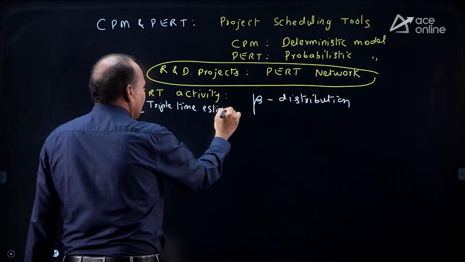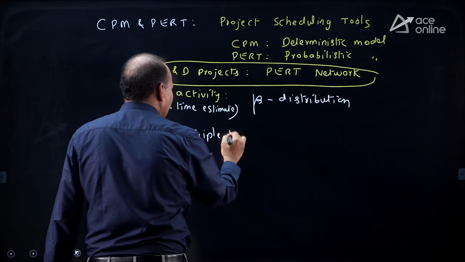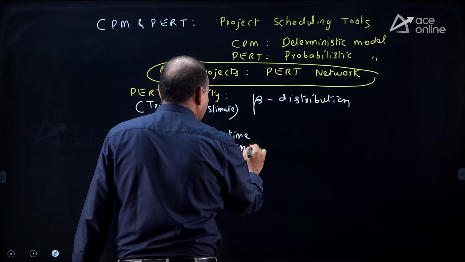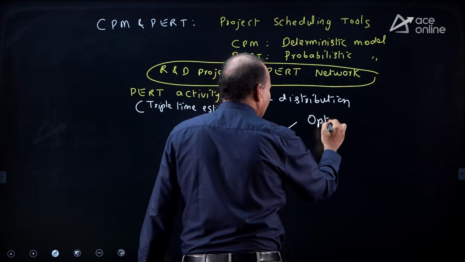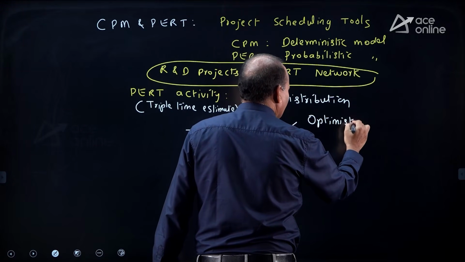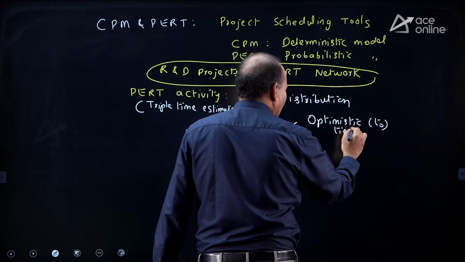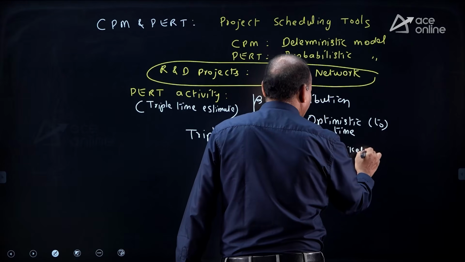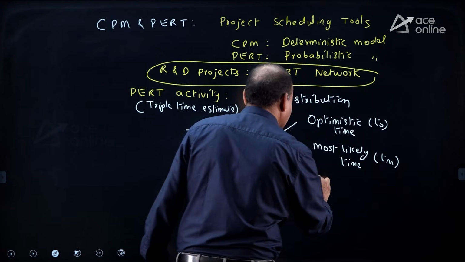So what are the 3 times for each and every activity? If you take the triple time estimate, what are the times? Optimistic, most likely time, and a pessimistic time.